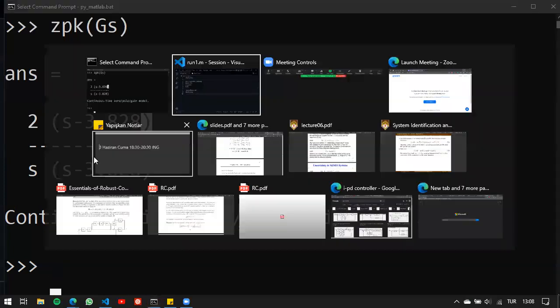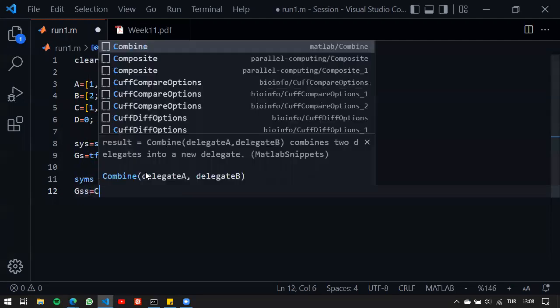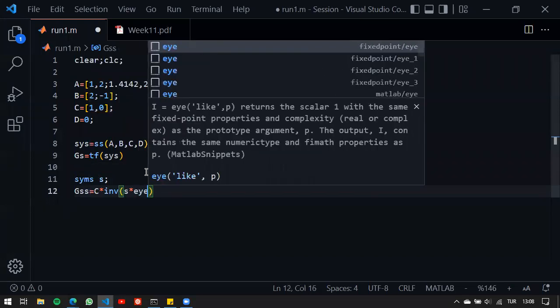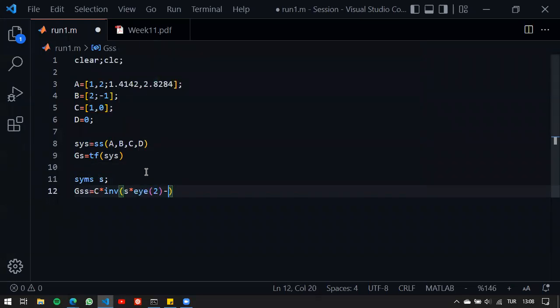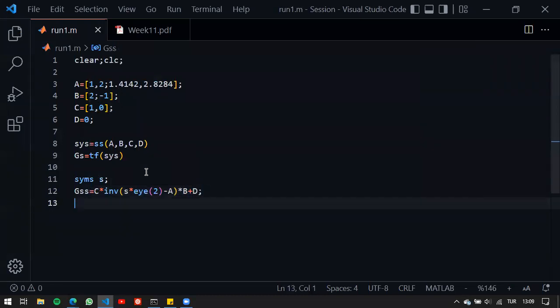Now, what happens if I use the symbolic toolbox here and use the formulation that I've already shown you? S times I, then minus A times B plus D. Let's simplify it.